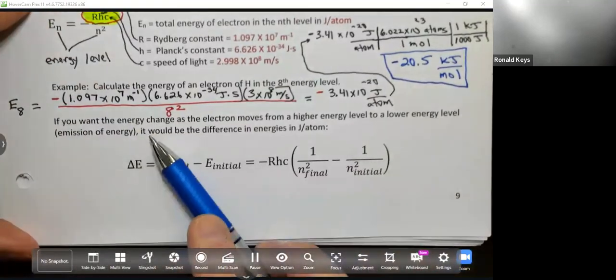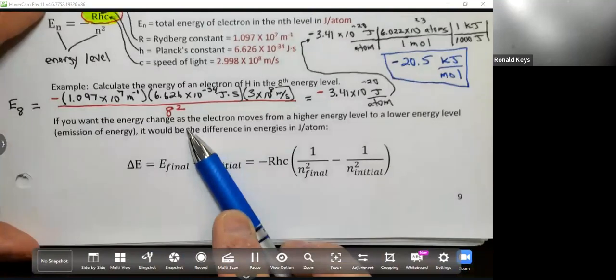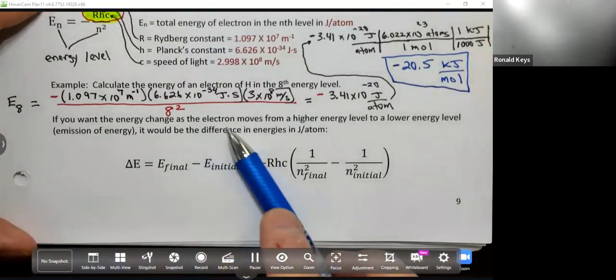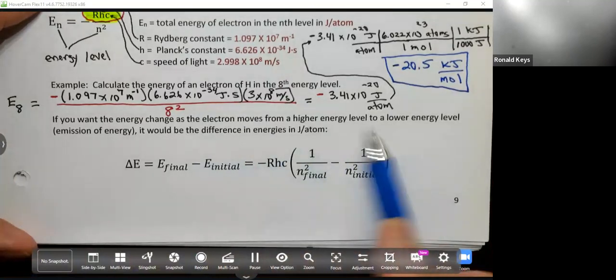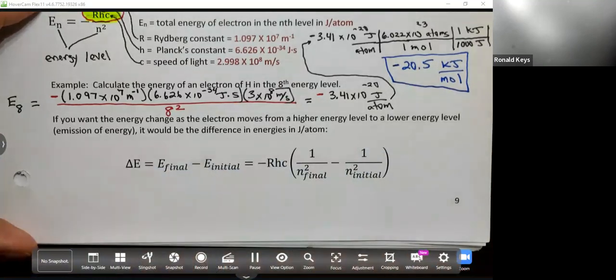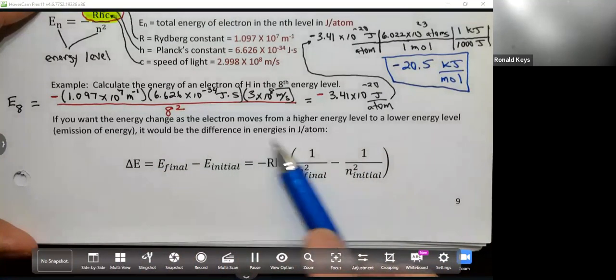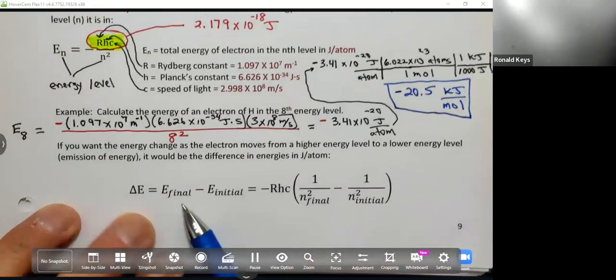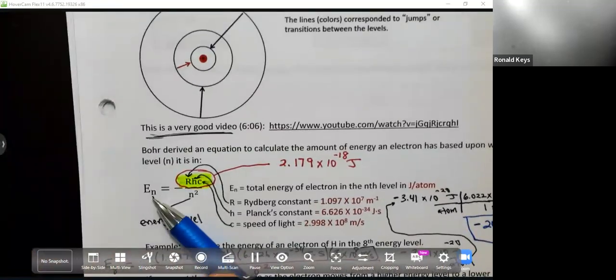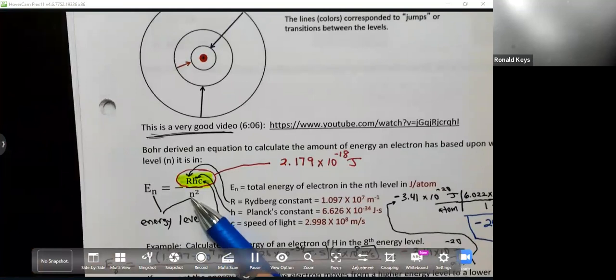Now, if you want the energy change, I've been talking about it absorbs energy and emits energy. So if you want the energy change as the electron moves from a higher level to a lower level, that would be emission, or it absorbs it. It would be the difference in energy in joules per atom. So remember, the energy is calculated for each level, right?